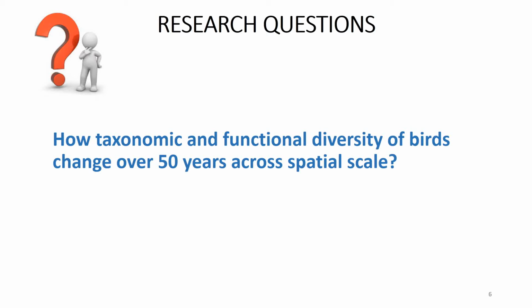So this program is very useful for evaluating biodiversity dynamics. The research question of this study is how the taxonomic and functional diversity of birds change over 50 years across spatial scales.